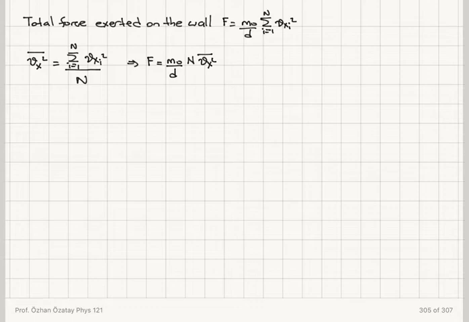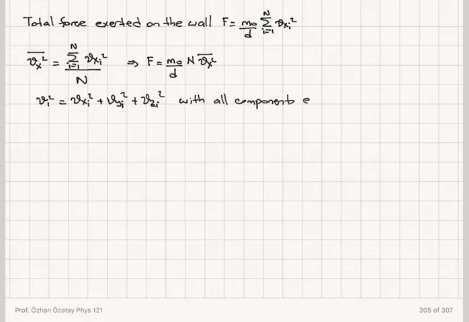And now I ask myself, what is the relationship between the x component of the velocity and the velocity squared? For the ith molecule, the speed squared is vxi squared plus vyi squared plus vzi squared, with all components equally probable.